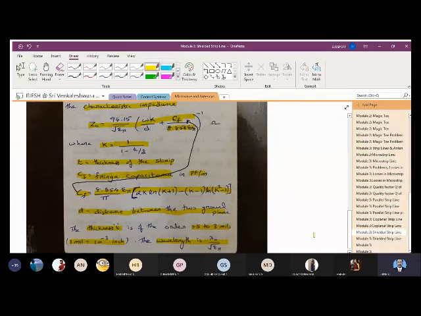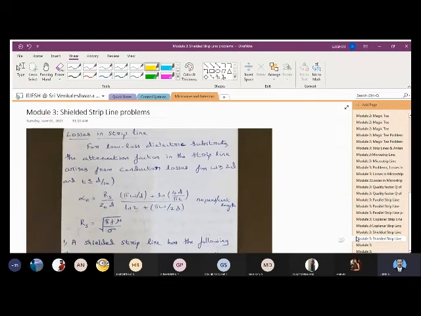So, losses in strip line. We have some losses to be understood before going to the problems. For a low loss dielectric substrate, the attenuation factor in the strip line arises from conductor losses, where W is greater than 2D and T should be less than D by 10.